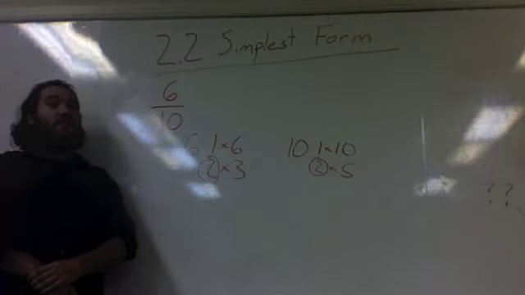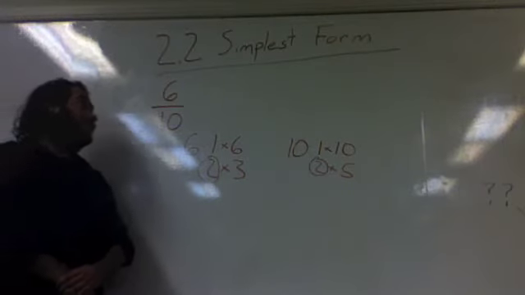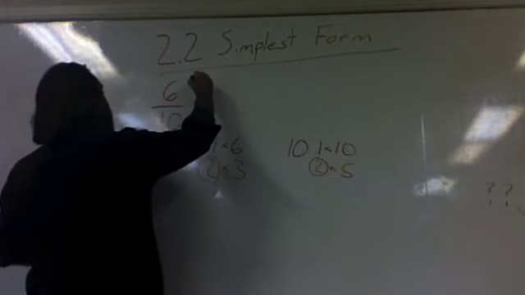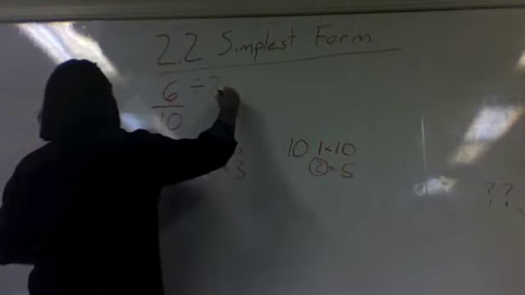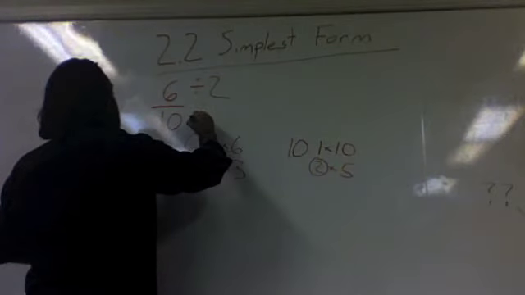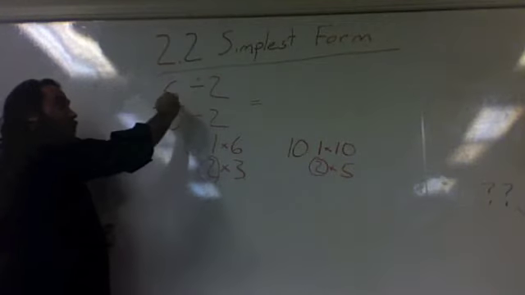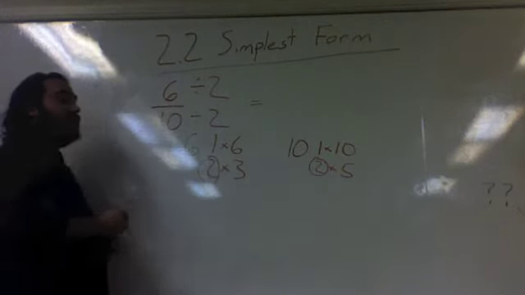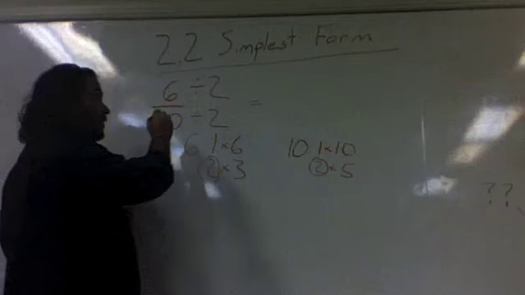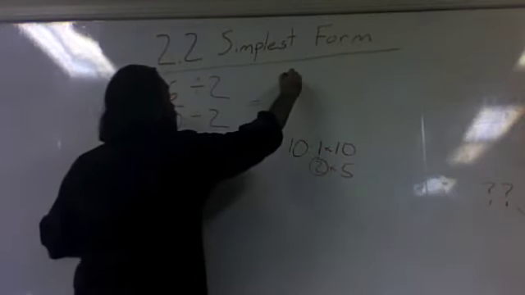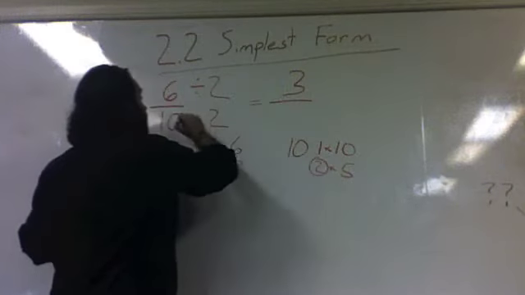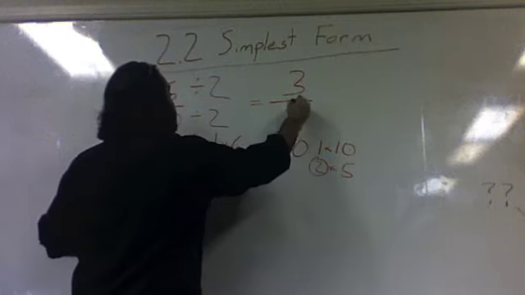Otherwise, the fraction will become imbalanced. You see here that we're dividing both the numerator by 2 and the denominator by 2. This will give us 6 divided by 2 equals 3, and 10 divided by 2 equals 5.